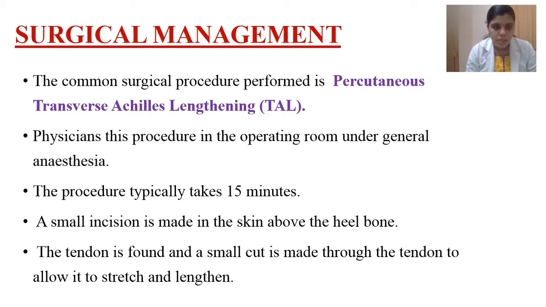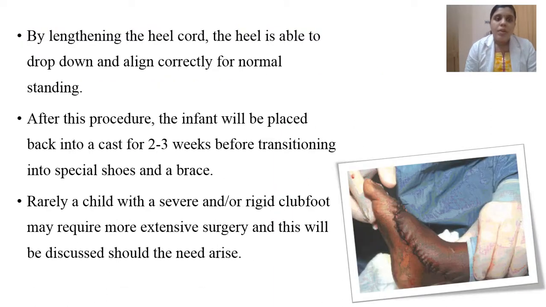A small incision is made in the skin just above the heel bone and the Achilles tendon is found. Then a small cut is given to the tendon for it to stretch and relax. This lengthens the tendon and keeps the ligaments in the foot in the correct position.